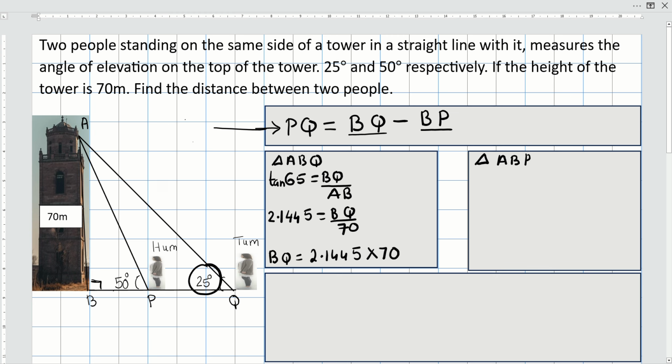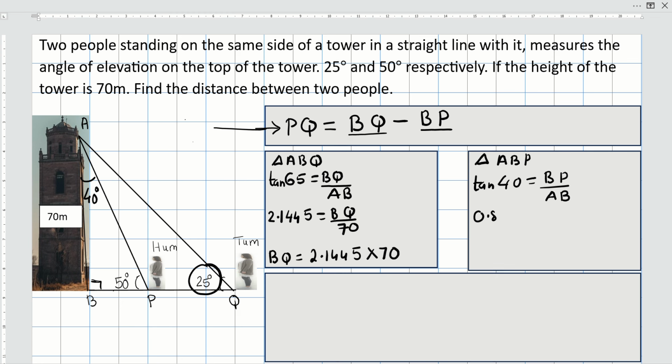As you know why I'm using 40 degree, which I have taught you in the previous video. So here 40. What 40 is BP upon AB, that is perpendicular upon base. That is tan 40.